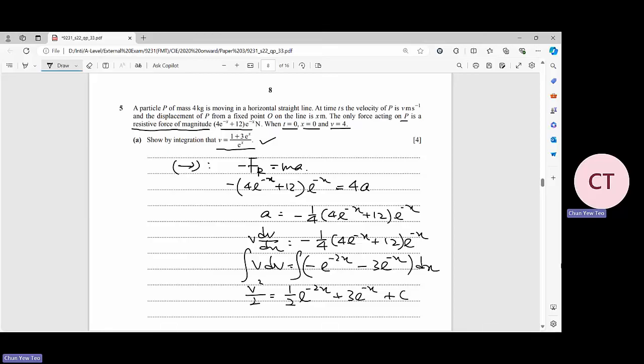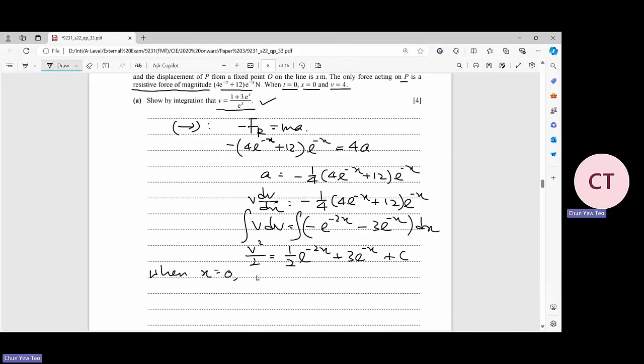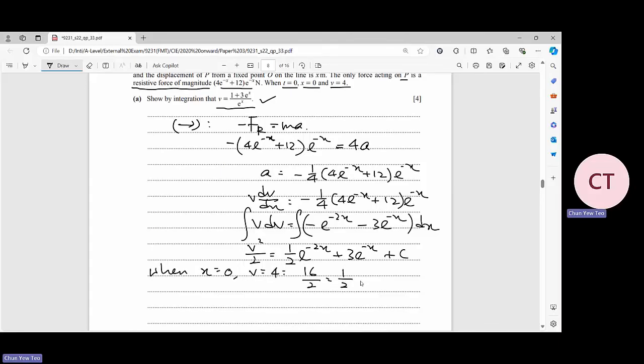Then given when x is equal to 0, v is equal to 4. So you have 16 over 2 is equal to half plus 3 plus c. Then your c is equal to 9 over 2.